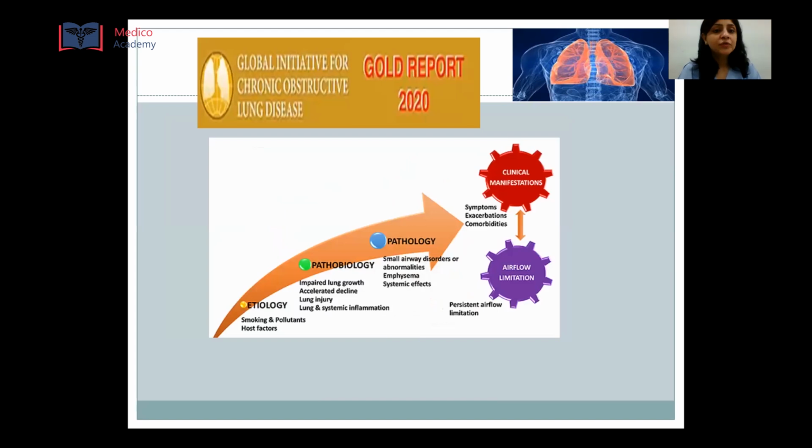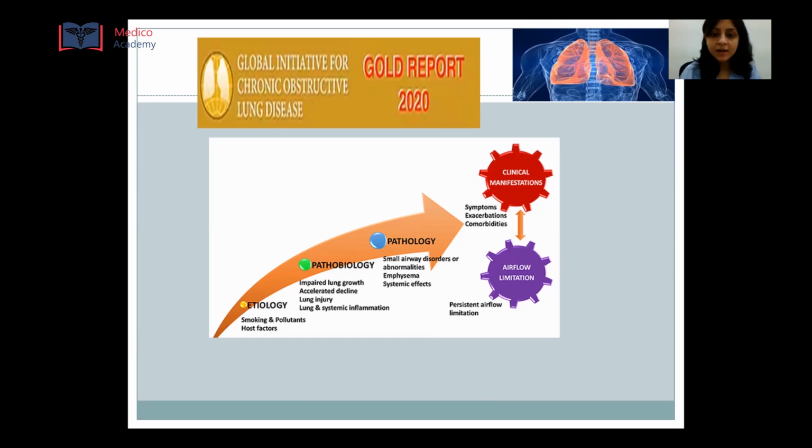Now, the GOLD Report of 2020 has given this particular spectrum where we can briefly talk about the etiology, pathobiology, and pathology, taking us towards the airflow limitation. Etiology, we know what it is. Pathobiology is when there is impaired lung growth, accelerated decline of the lung, lung injury, and systemic inflammation.